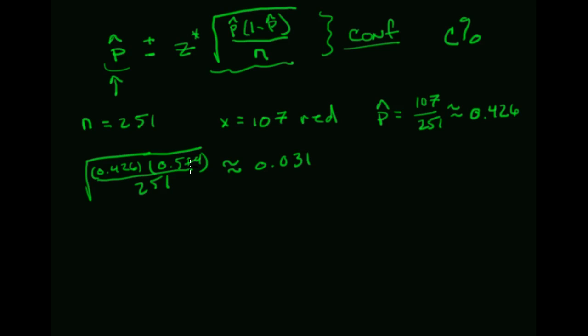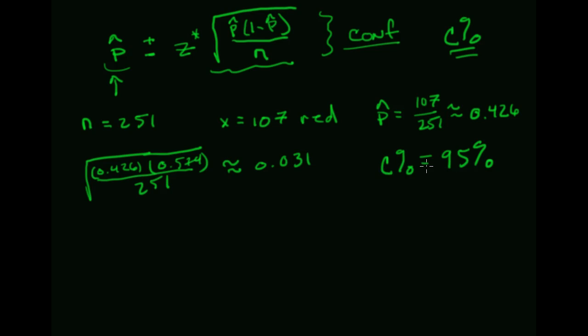So where is this critical number coming in? Well, that's going to be determined by my confidence level. We're going to go for a confidence level of 95%. I want an interval where I have a 95% chance that the actual proportion of the population lies in that interval.